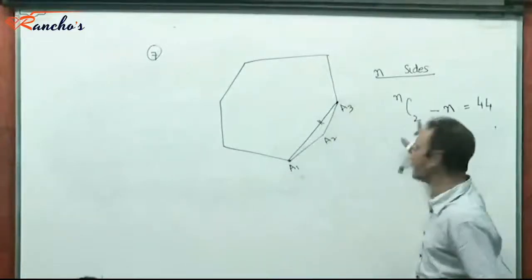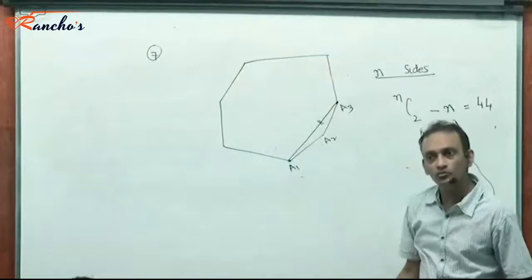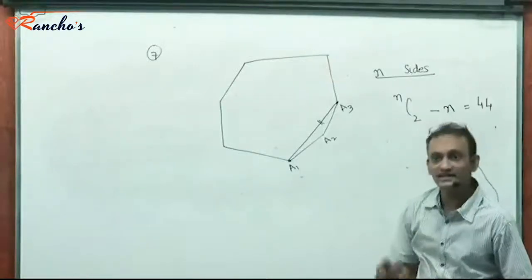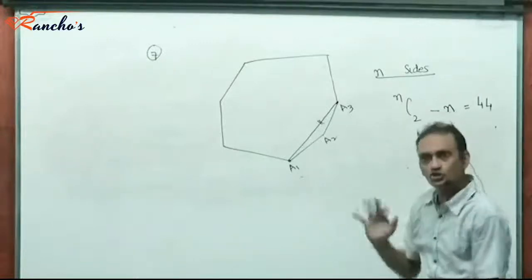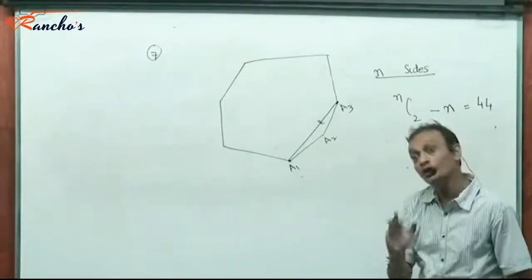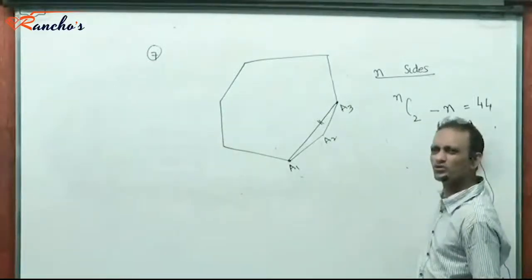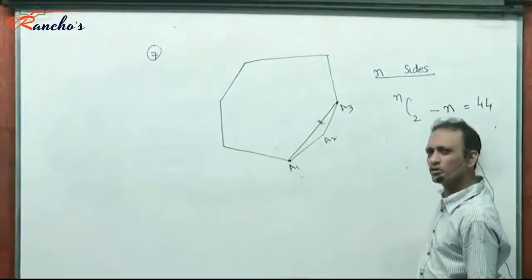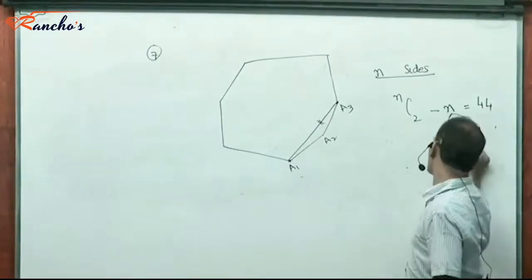In this nC2, the n sides are included. You want to exclude the n sides because those don't constitute the diagonals. The remaining must be the number of diagonals, which is given to be 44. You can solve for n from here. How much? n is 11. Okay.